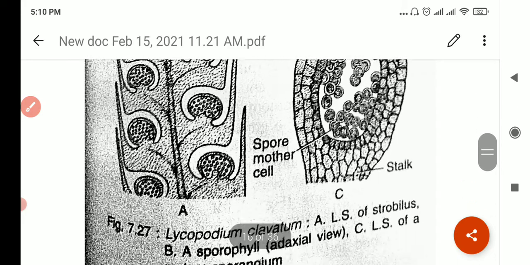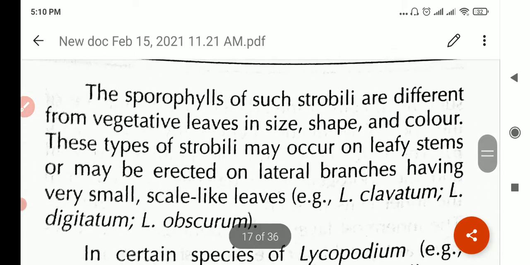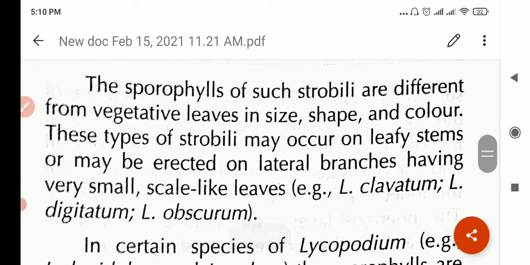From the image it is very clear, you can understand. Let's continue. The sporophylls of such strobili are different from the vegetative leaves. Those sporophylls are the fertile leaves. They are different from the vegetative leaf or those ordinary scale leaves we saw in their size, in their shape, and in their color.